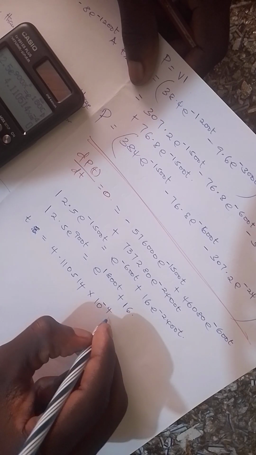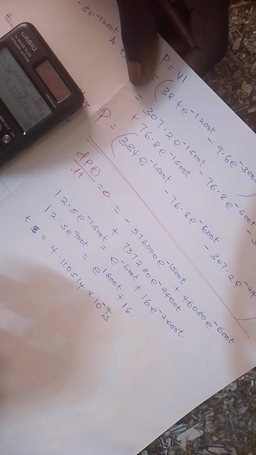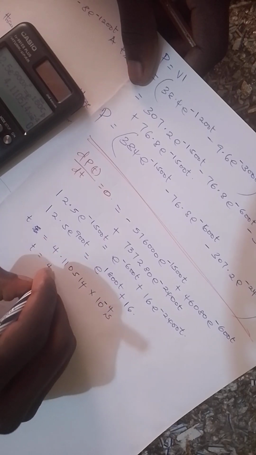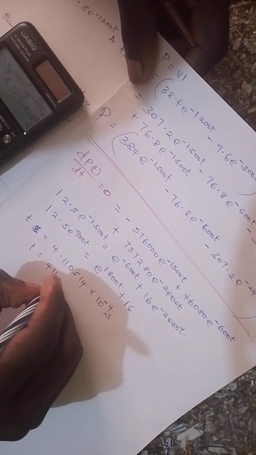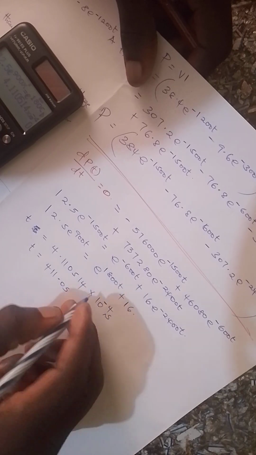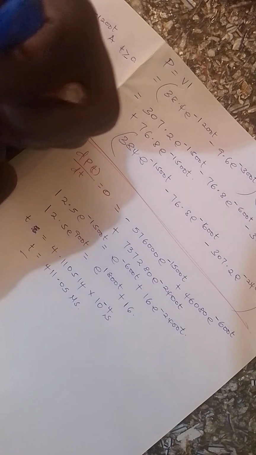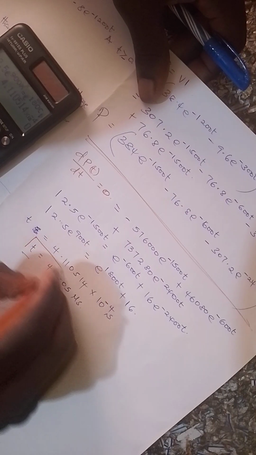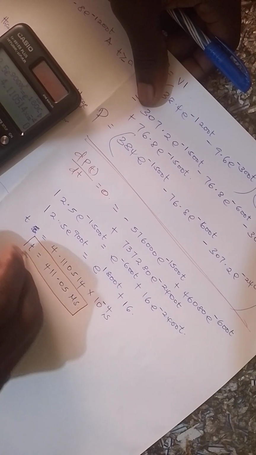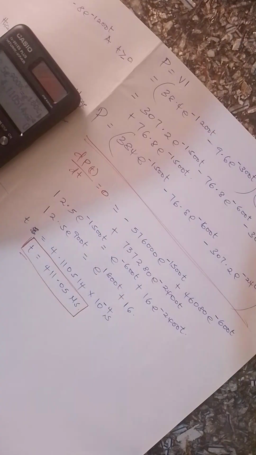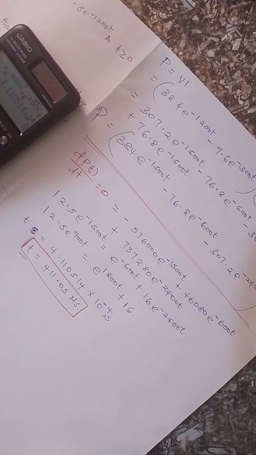But that's seconds, and we can also write it as 411.05 microseconds, this being the final answer. So that's the final answer, the instance of time when power is maximum.